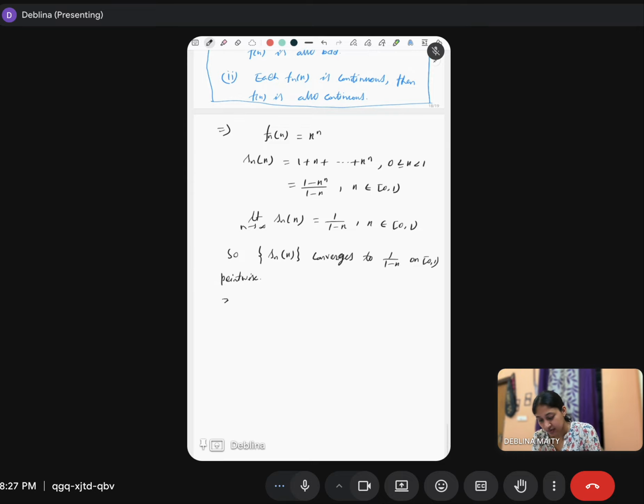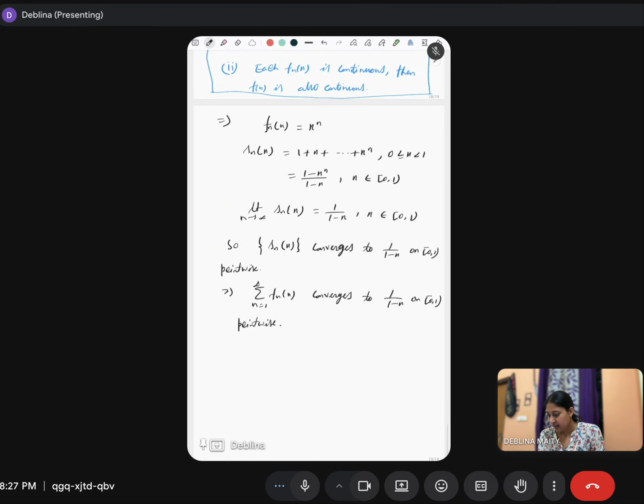So this sequence converges means this sum converges to 1 by 1 minus x on [0,1) pointwise. Right. Now you see that S_n(x) is what? S_n(x) is (1 minus x to the power n) by (1 minus x). Right.